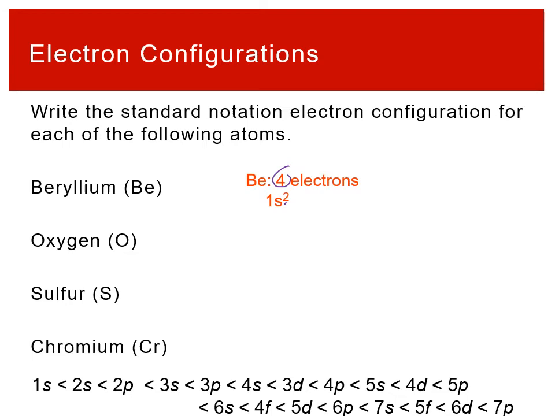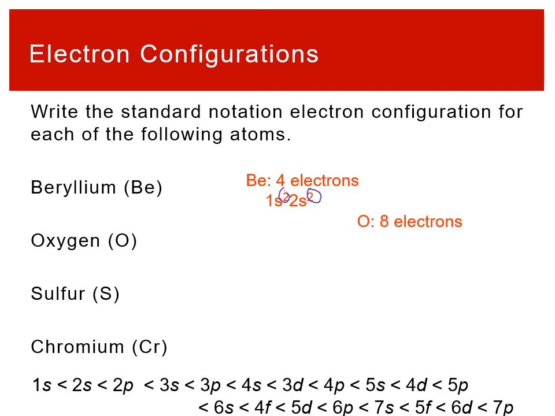I go to the next highest energy, and that's going to be the 2s. I'm going to put my next 2 electrons into that 2s subshell, which can hold 2 total electrons. So now I have the 2 and the 2, which add together to give me 4. So my 4 electrons of beryllium give me a 1s2, 2s2 configuration.